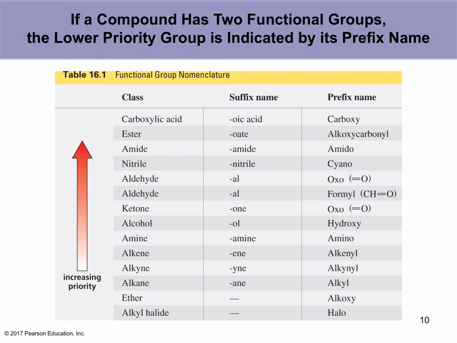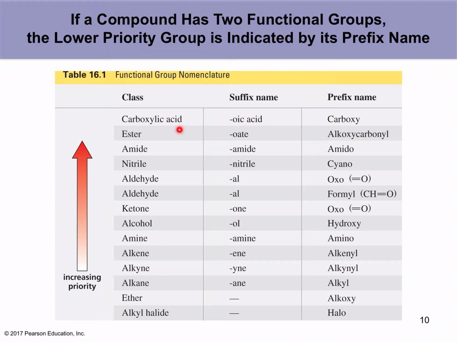Here's the functional groups' priority. If a compound has 2 functional groups, the lower priority group is indicated by its prefix name. The suffix name, meaning the main functional group, the one that gets more priority, will end with the suffix name, and then the other would be named as a prefix.